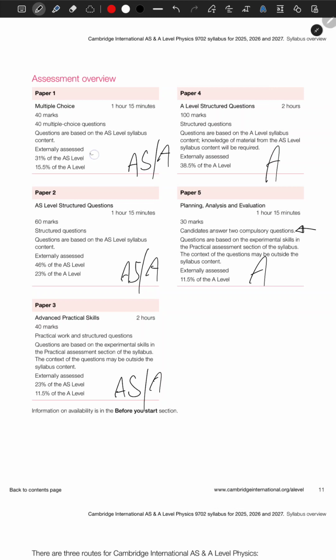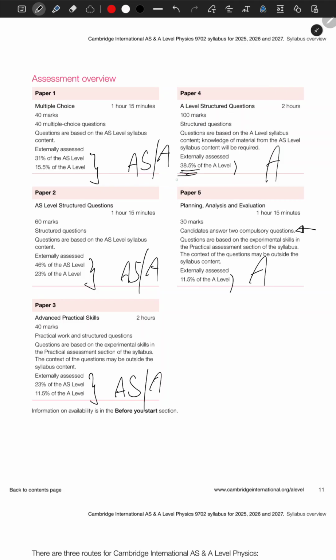And this is the weightage of each paper in the physics syllabus. The weightage will give you an idea of where you should score the maximum marks. For example, for A-level students, paper 4 is very important and you should score the most marks in this paper.